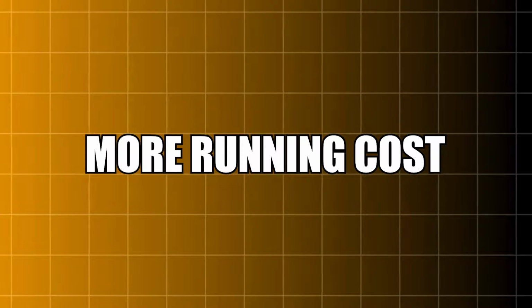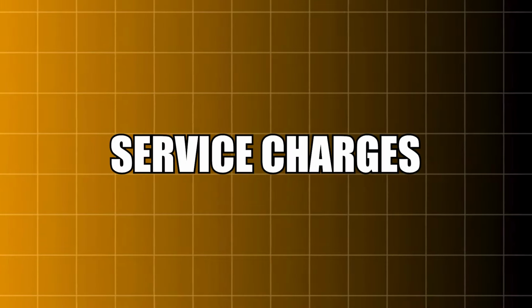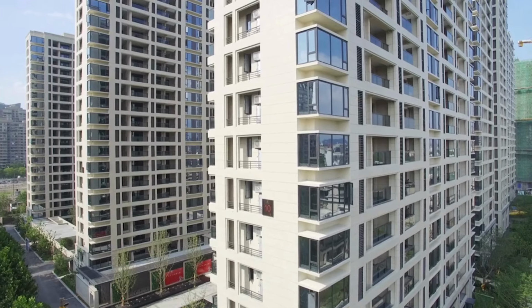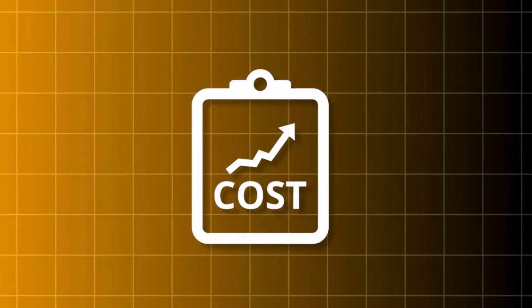Next, if it comes to an apartment, as we've already talked about, there's more running cost. You've got your service charges, you have your management fees to pay to the people that look after the whole building. You have your ground rent to pay. So basically there are more costs associated with an apartment versus a house. If you own the house, obviously you've got less expenses.